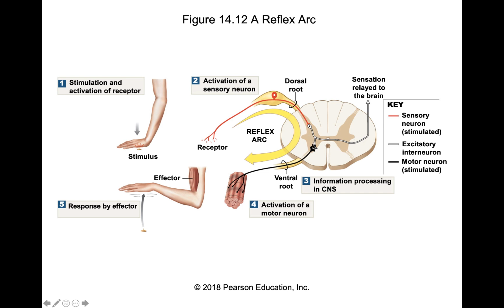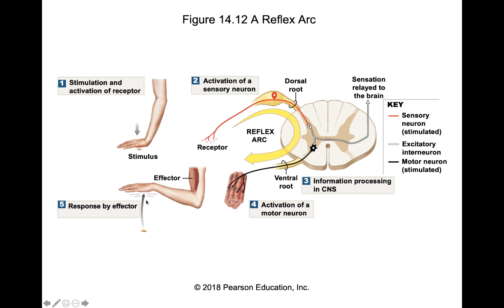And this other part is continuing and synapsing with a motor neuron that's going to send a response to the muscle, maybe asking the muscle to step away from the nail. So the third step is processing the information. Then the fourth is activation of the motor neuron, and then the response is the last step. That's when it's asking you to move your hand away or move your foot away.